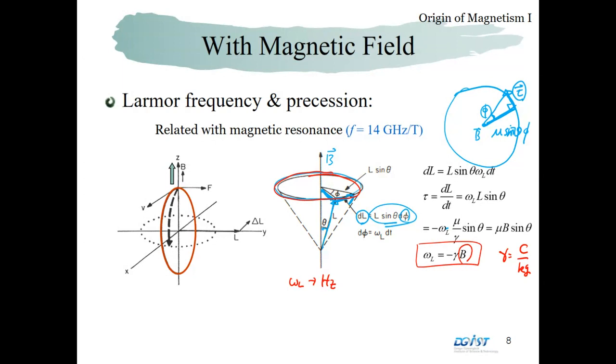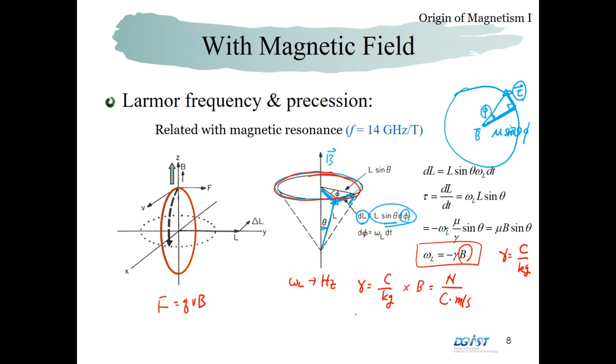And the unit of B is the Tesla. So let's confirm it. Gamma is coulomb divided by the kilogram. And the unit of Tesla, recall this relation, is Newton divided by charge Q and meter per sec.